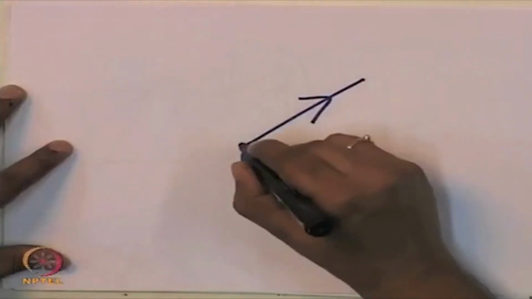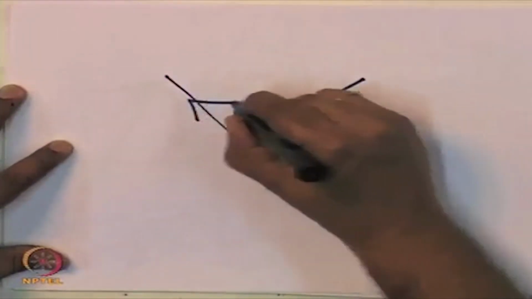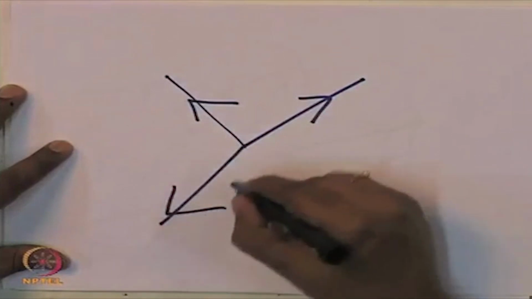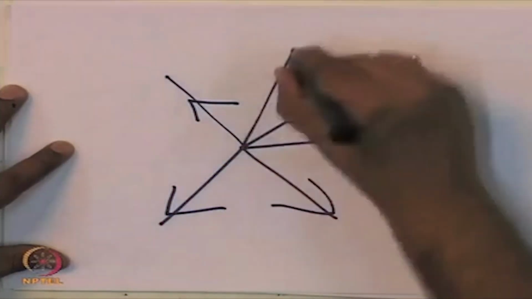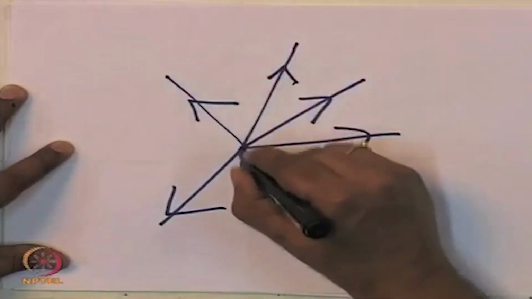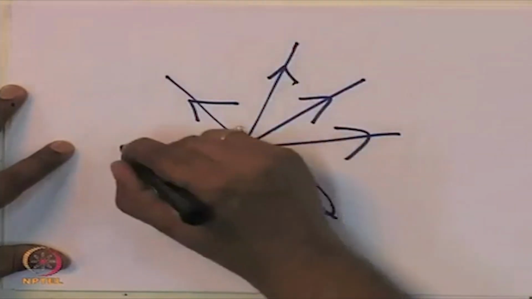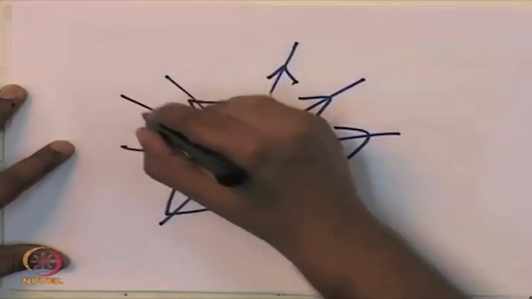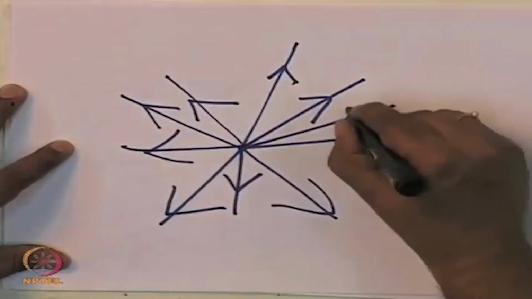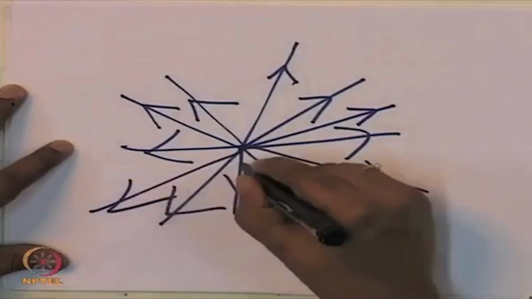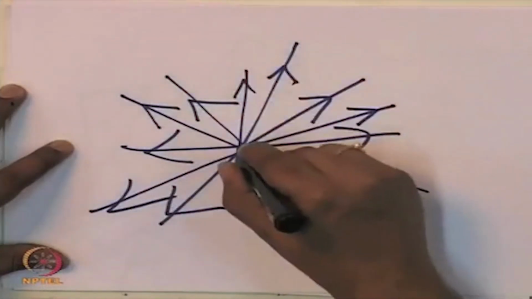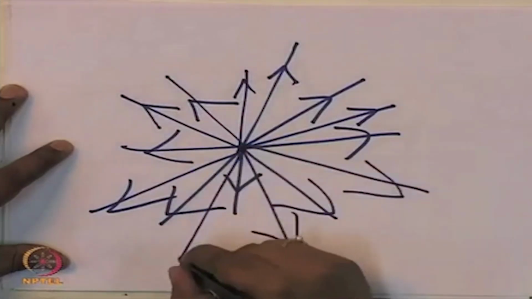One end to end vector like this, another like this, and another like this, some other like this. So, you will have end to end vectors in completely random directions and random magnitudes. All sorts of directions, all sorts of magnitudes.